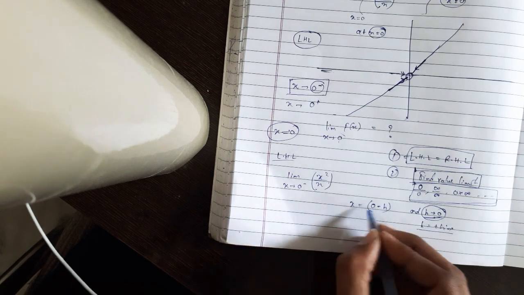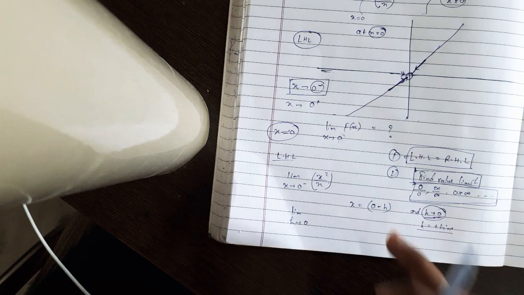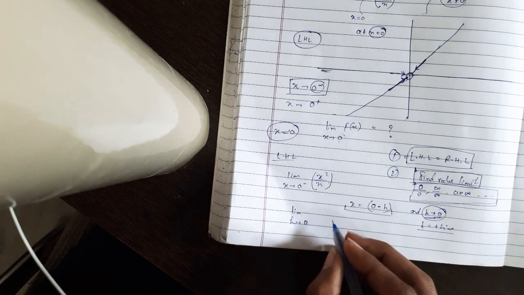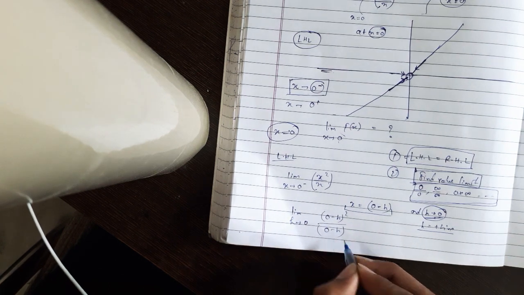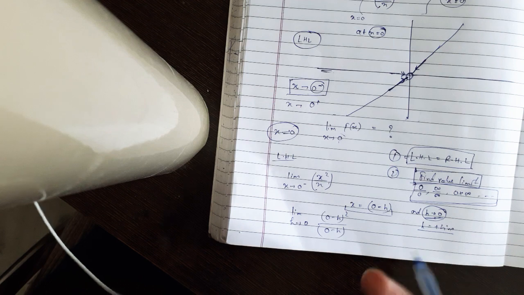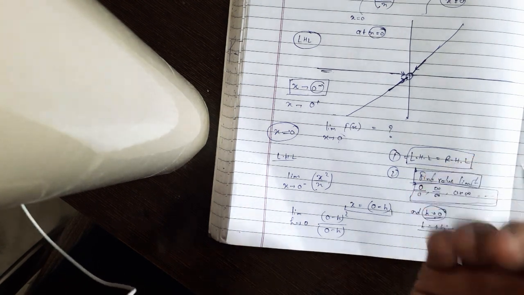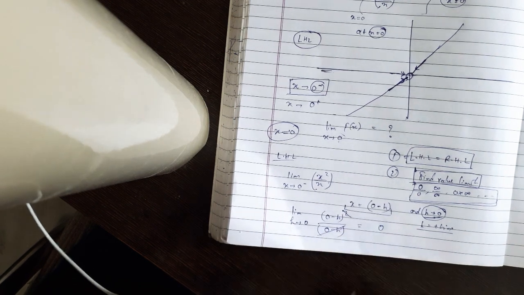If I put this here, I will say the limit as h tends to 0, and x goes to 0 minus h because x is replaced by 0 minus h. So (0 minus h) whole square over (0 minus h). Since h is a nonzero value, with the same factor above and below, we can cancel it, and we get 0 as the answer.